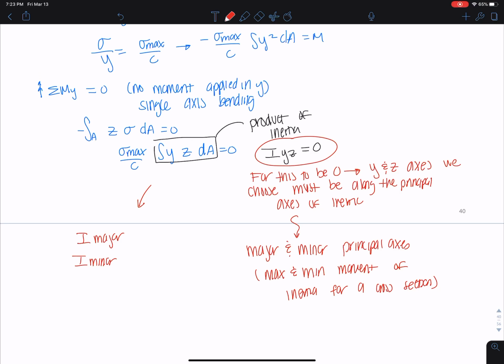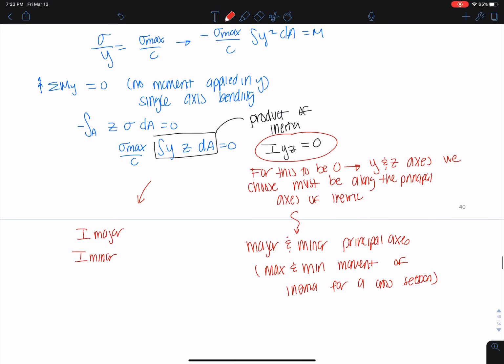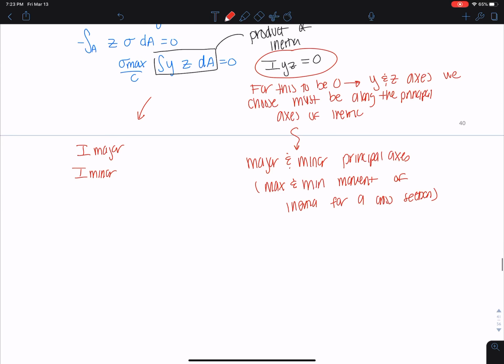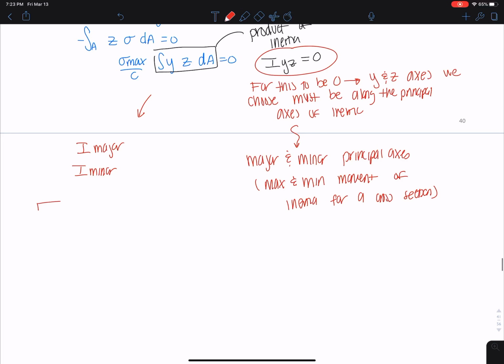But for us as civil engineers, we have some easy ways of identifying these axes because we don't get too crazy with our cross sections. So we're going to kind of stick to those easy ones in this class, okay? And here, we're going to stick to problems that at least have one axis of symmetry. So for example, a T section has at least this one axis of symmetry, okay?